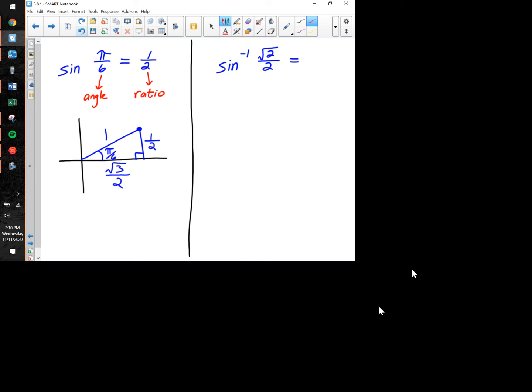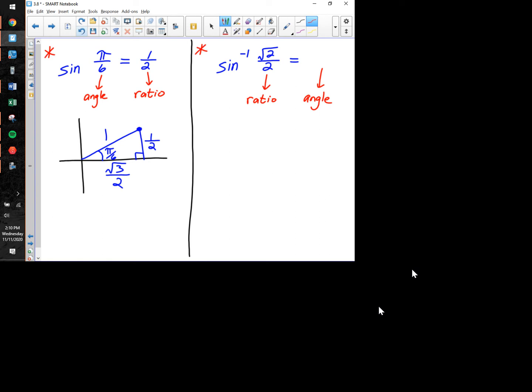And the main difference here is that the √2/2 that we're being asked to take the inverse sine of, guys, that's not an angle. That is the ratio. And the answer to an inverse trig problem is the angle that we're working on right here. So there's a different question between basic trig over here on the left and inverse trig over here on the right.